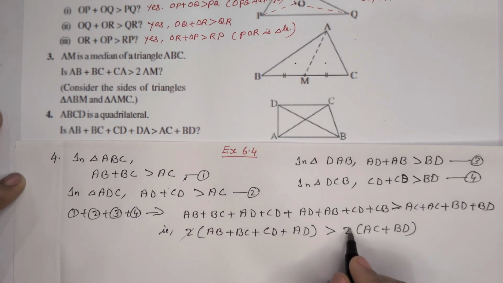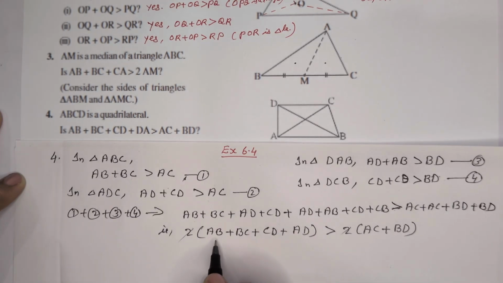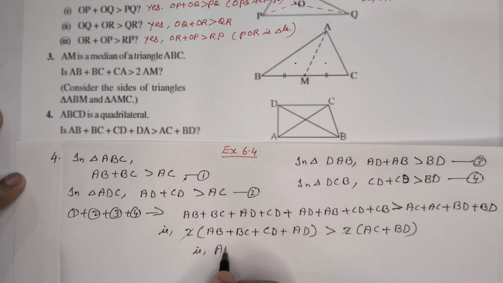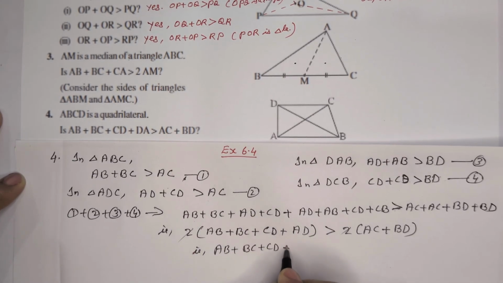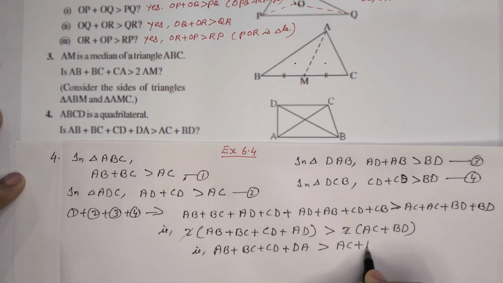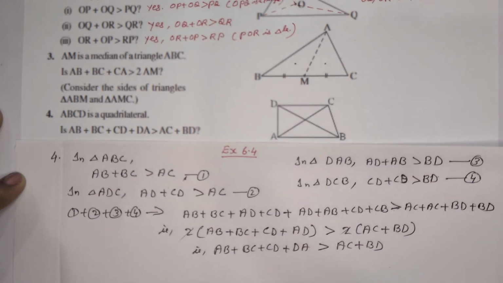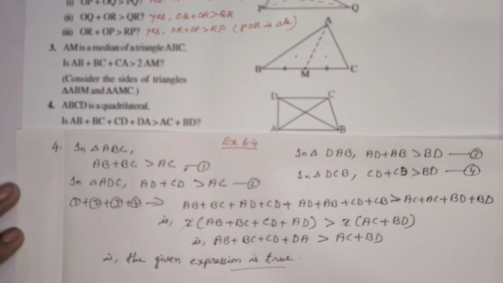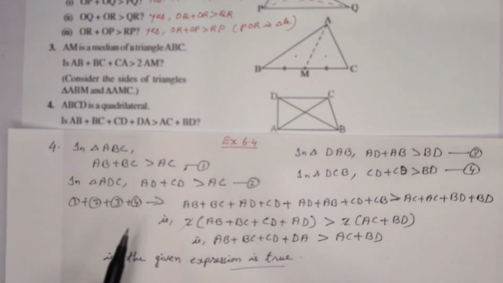So we can divide by 2. Here we are getting, as per the question, AB plus BC plus CD plus DA is greater than AC plus BD. So we can write that the given expression is true.